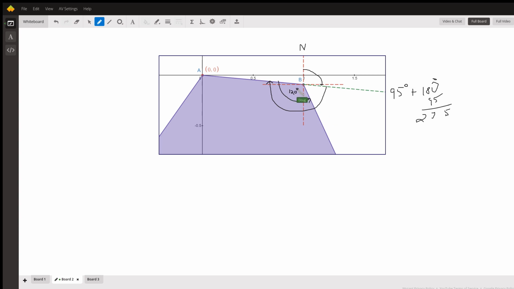Now, I could have added 120 to the back azimuth, and that would have taken me in this direction, and point C would be up here. But that seems to conflict with C being westerly from point B. So that's why we have this direction down here. And if I subtract 120, there's the 155 that we got on the previous board.